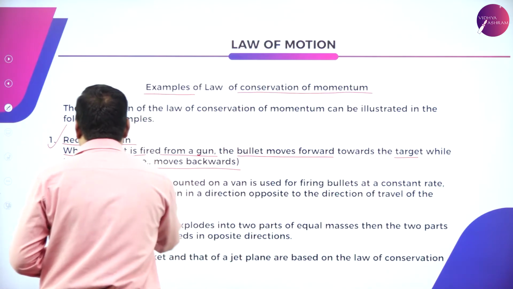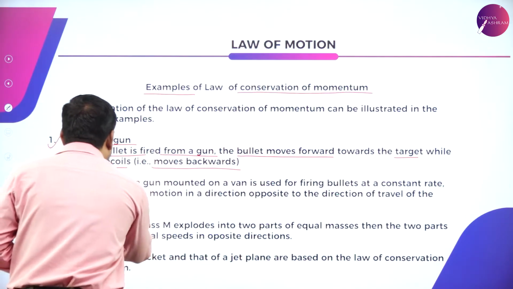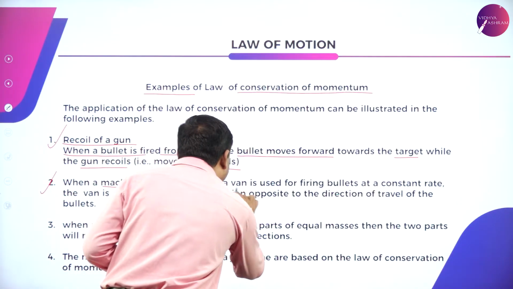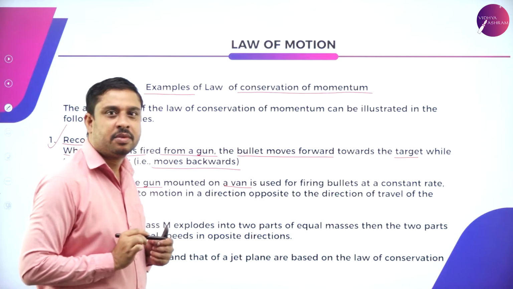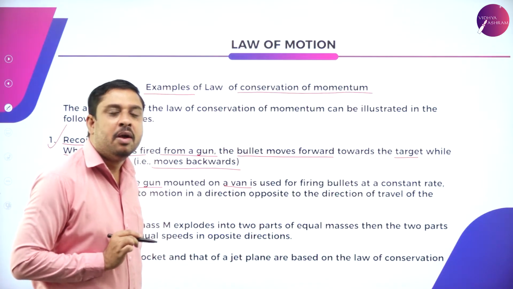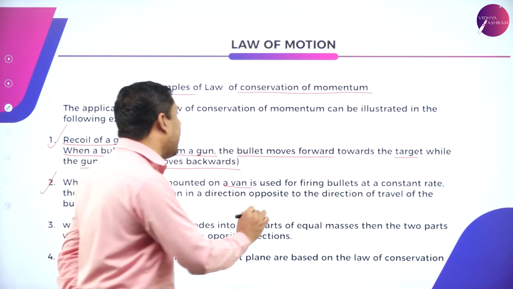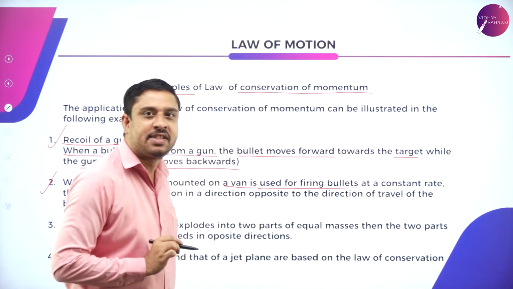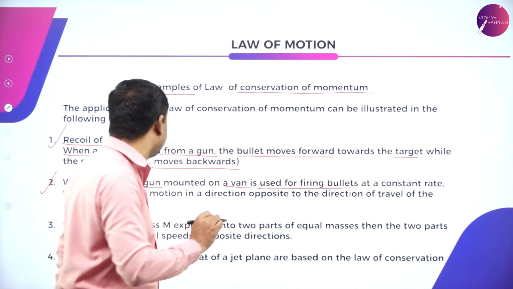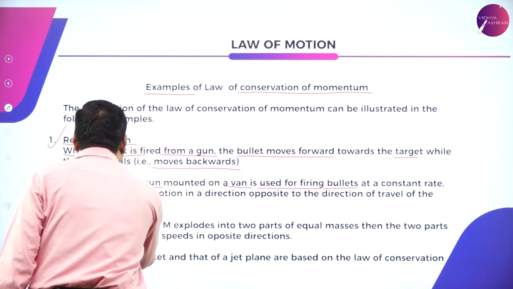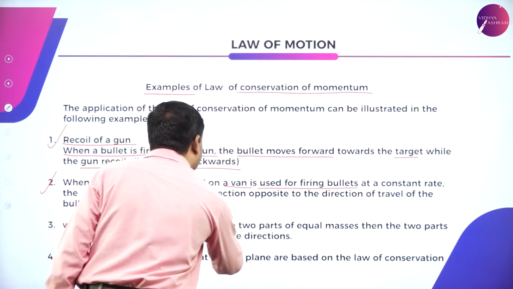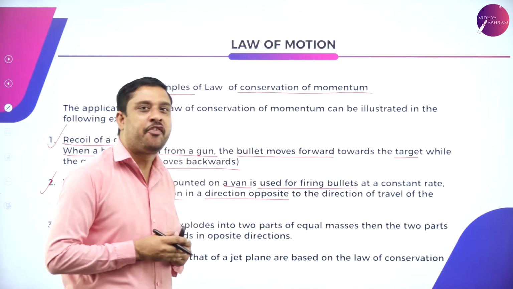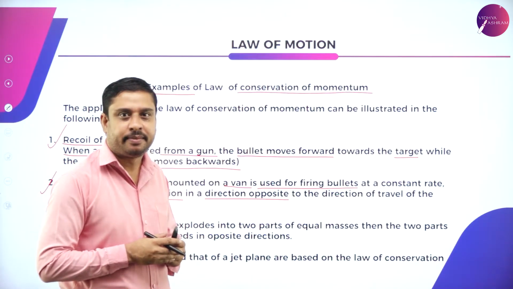The second example, when a machine gun mounted on a van is used for firing bullets at a constant rate, the van is set into motion opposite to the direction of travel of the bullet.